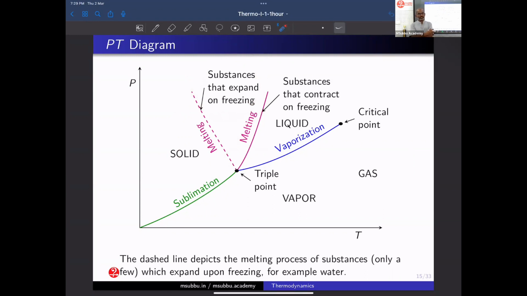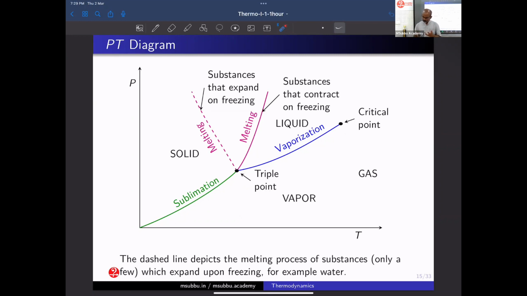The nice example is water. Of course, water is such a peculiar substance. Otherwise, every substance normally contracts from liquid to solid; there is a reduction of volume. But only for water, of course, it's God's creation, there is an expansion of volume. Otherwise, the solid is tending to float over the liquid.